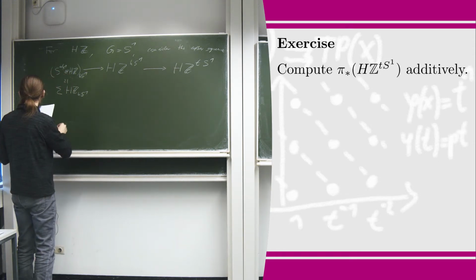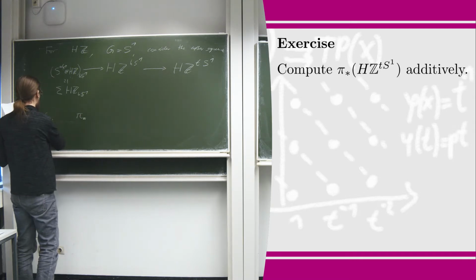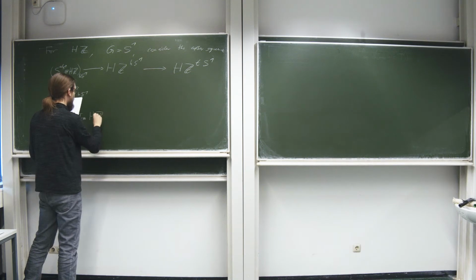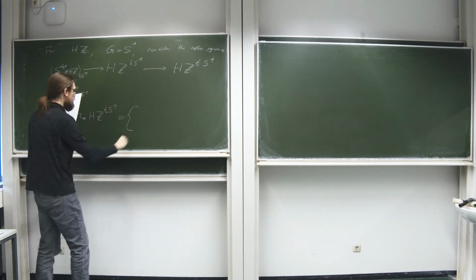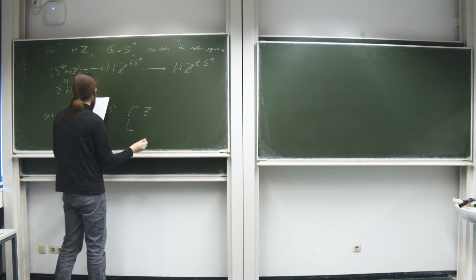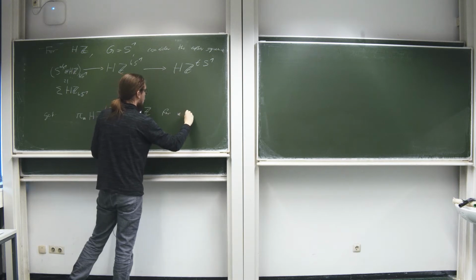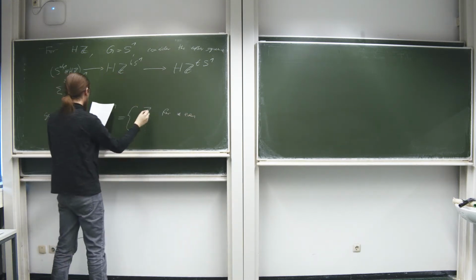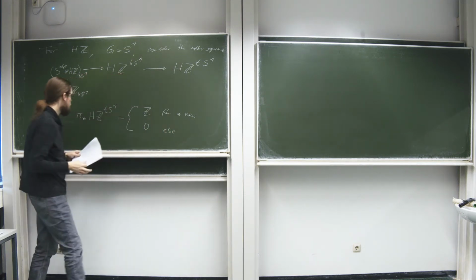So what is the result? Well, from the sequence, we can get that this is Z for star even. So it's Z in all even degrees and 0 in odd degrees.